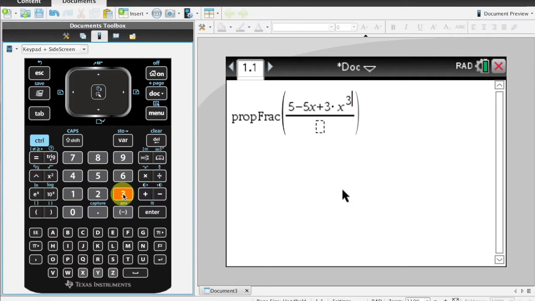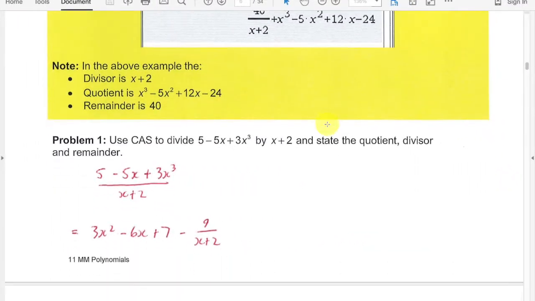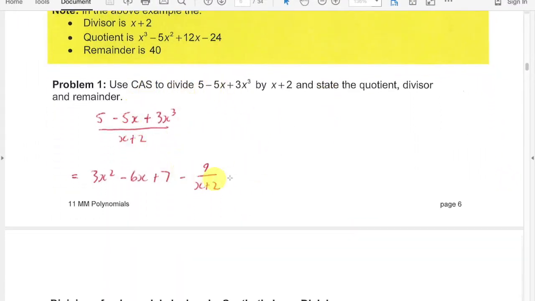So it's that cubic divided by the linear x plus 2. Hit enter, and there's our answer. So we've got the quadratic, 3x squared take 6x plus 7. That there is referred to as the quotient. There will be a remainder of negative 9, and it's over the divisor x plus 2, what we originally divided by. And that's for that question there.